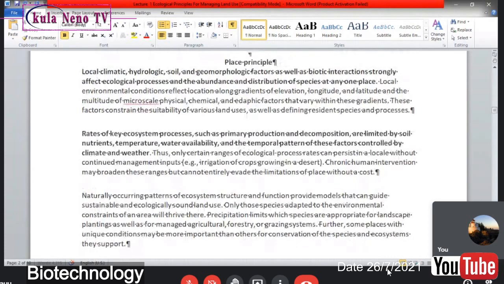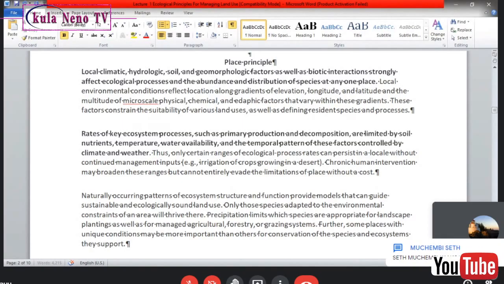Let's look at the place principle. On this, I'm not going to take a lot of time, but there are some things I want to highlight. We know that in local areas, let's take that area of land where you want to do whatever it is you want to do, they are different.